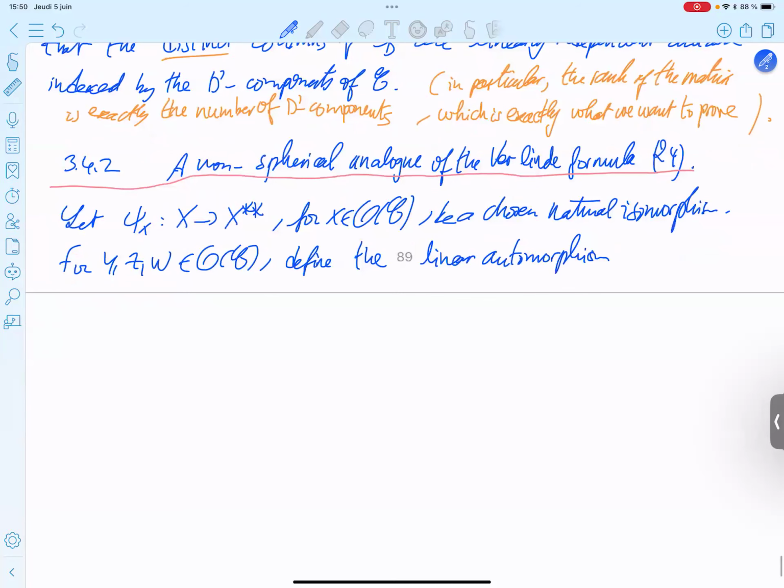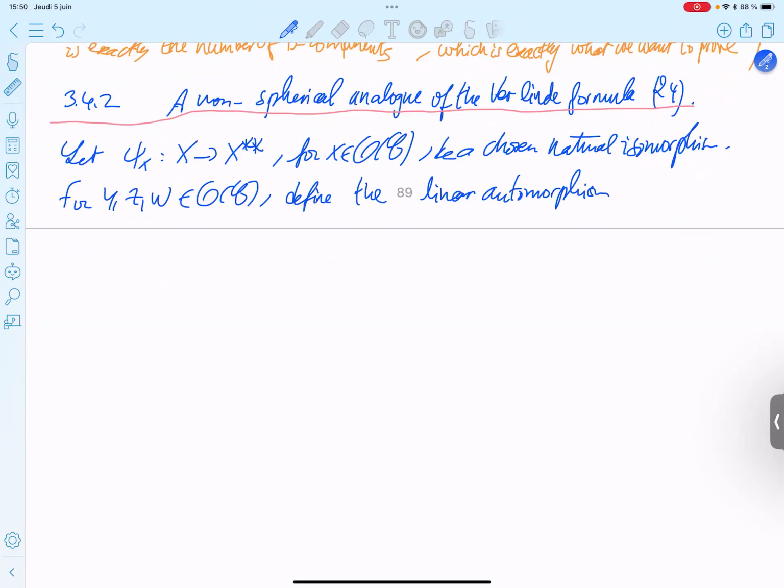Okay, so this may not be a pivotal structure. In particular, this natural isomorphism may not be monoidal, but we can quantify the failure of being monoidal by the following linear automorphism.